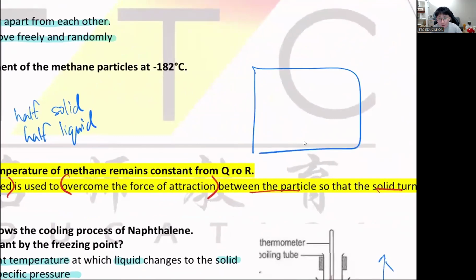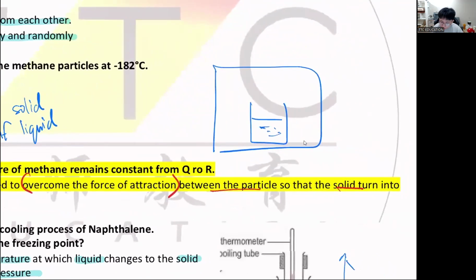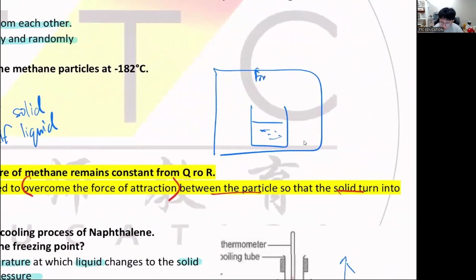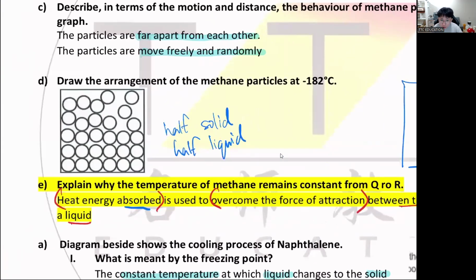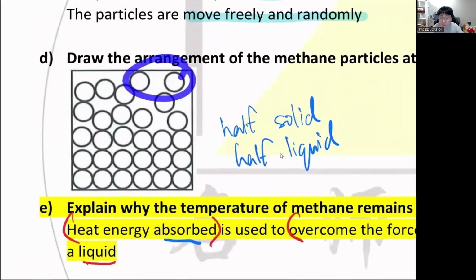you have a freezer and a cup of water. The freezer temperature is very cold, correct? So it's supposed to decrease your temperature. Freezer decreases temperature, makes sense, right? But during the water freezing, the particles go from moving around to becoming fixed in position. It's like you're walking, then you suddenly stop.